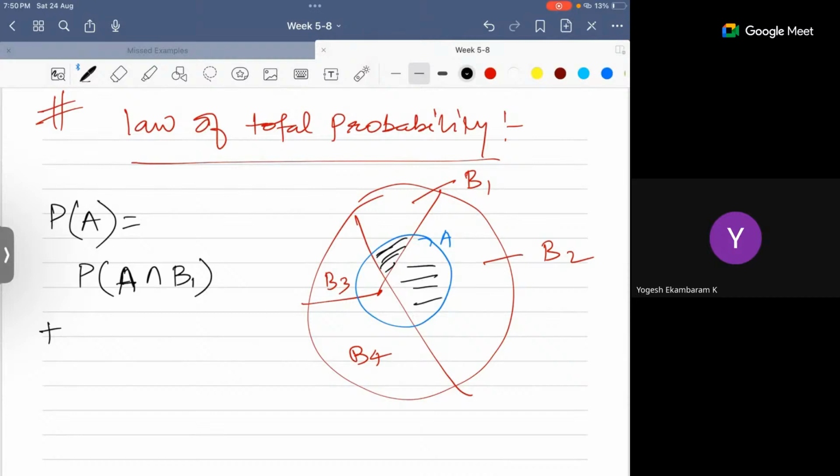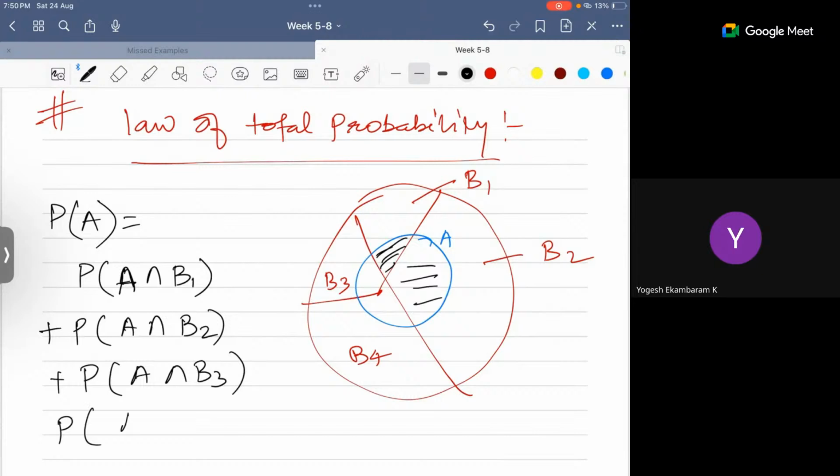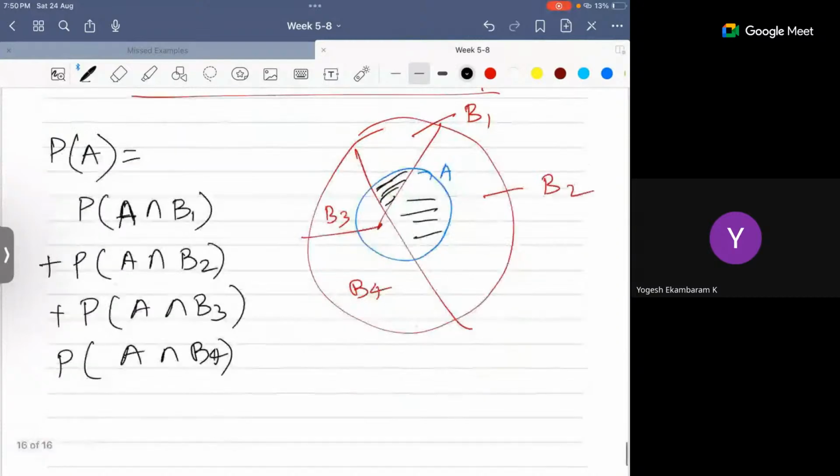This area is probability of A intersection B2, plus probability of A intersection B3, and probability of A intersection B4. Can you write it like this? Is this correct or not? Yes, sir, this is correct. Okay. And how can you write this? We already know, if this is given like this.